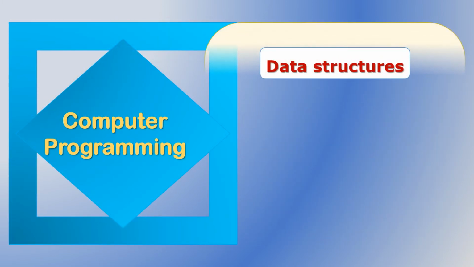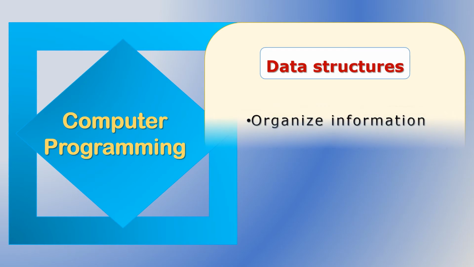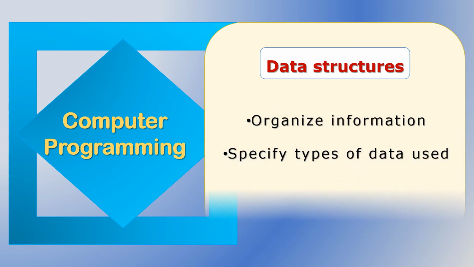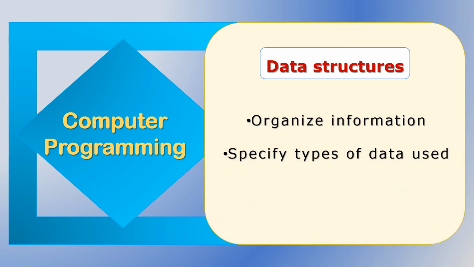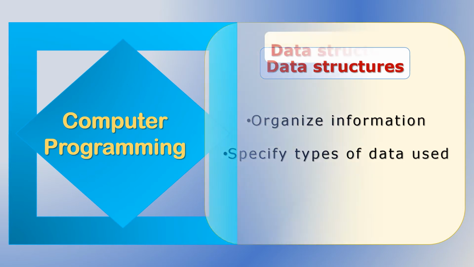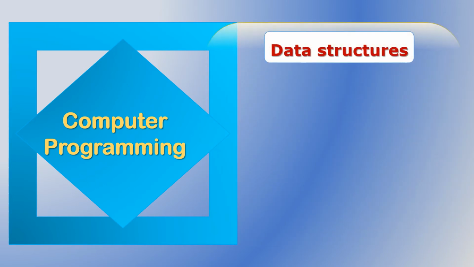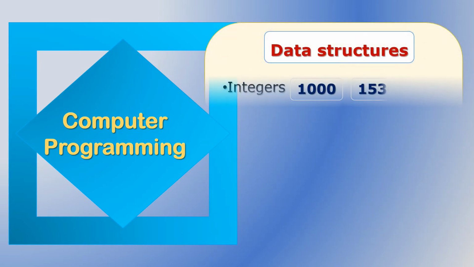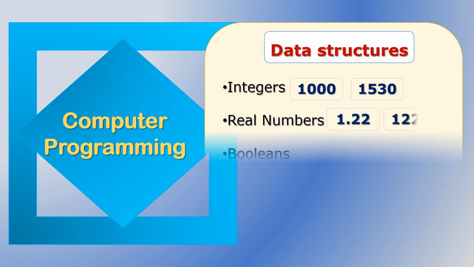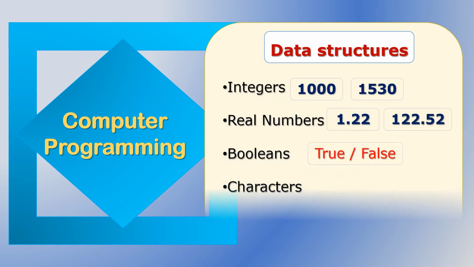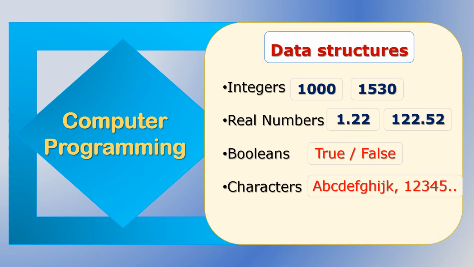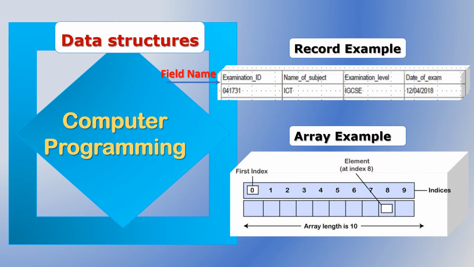Data structures are used to organize information. Data structures specify types of data such as integers, real numbers, Boolean, and characters, while compound data structures are formed by combining one or more data types, as in arrays or records.